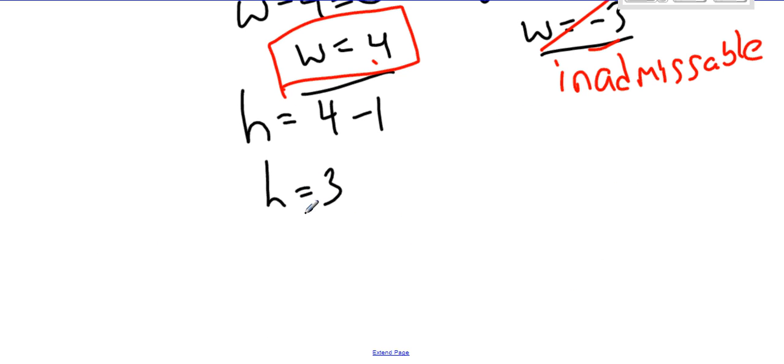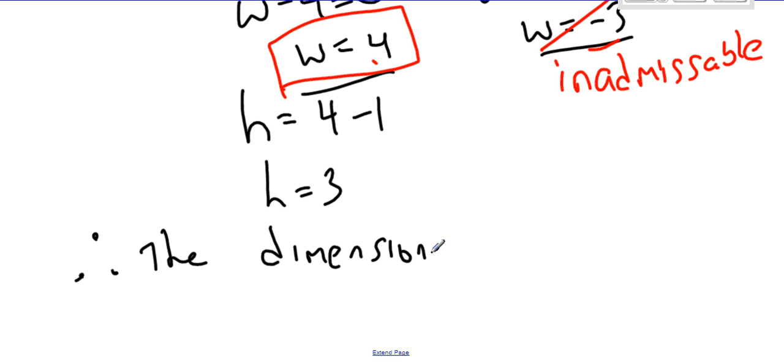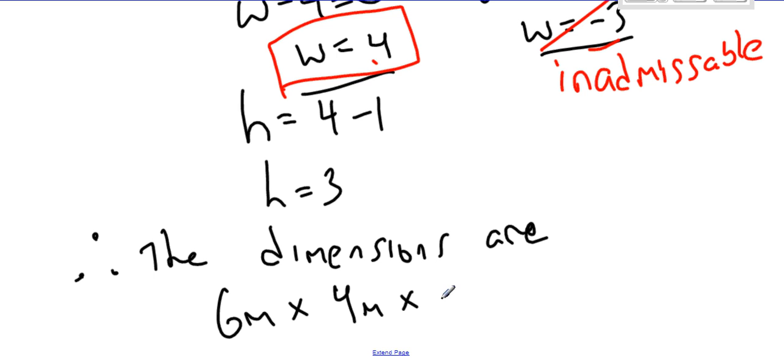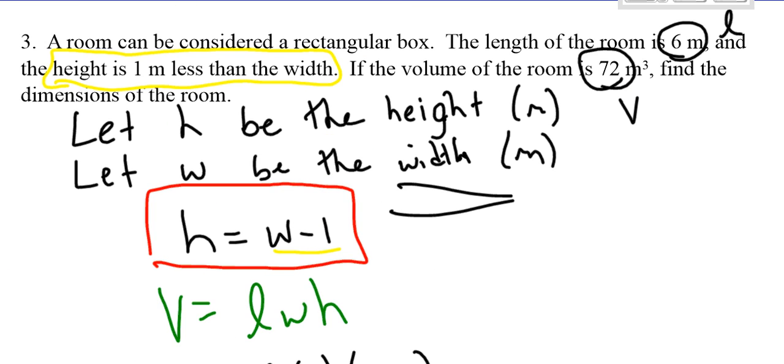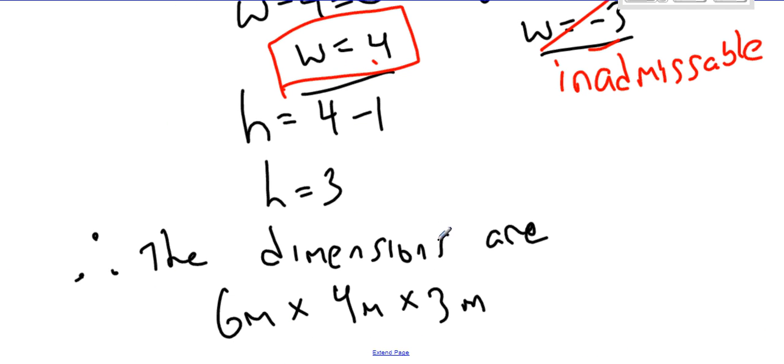We were already given the length, so the dimensions are 6 meters length, times width, which is 4 meters, times height, 3 meters. Typically, when you're talking dimensions of a three-dimensional box, you do length, width, and height. So 6 times 4 times 3. It's very easy to check that we have a volume of 72. 6 times 4 times 3 is, in fact, 72 cubic meters.